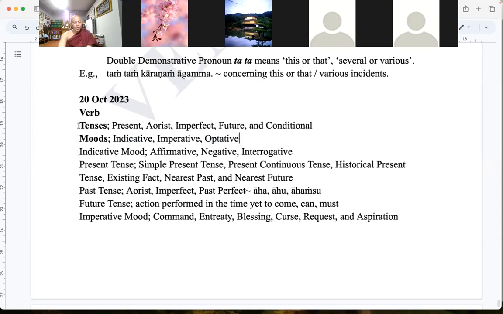Now mainly, the tenses are present tense, the aorist or past tense, and the imperfect past tense, and then the past perfect tense also.